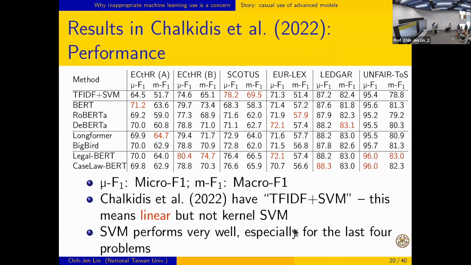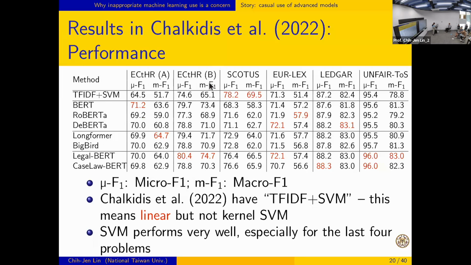Therefore, we can see that for those 4 data sets, actually linear SVM performs quite well. But for the first 2, there is a gap. You can see that we have 64 here, but the best is 71. However, among the different BERT models, they are all about similar, all about 70. So for this data set, all BERT variants are similar, and then there's a gap between SVM and the BERT.